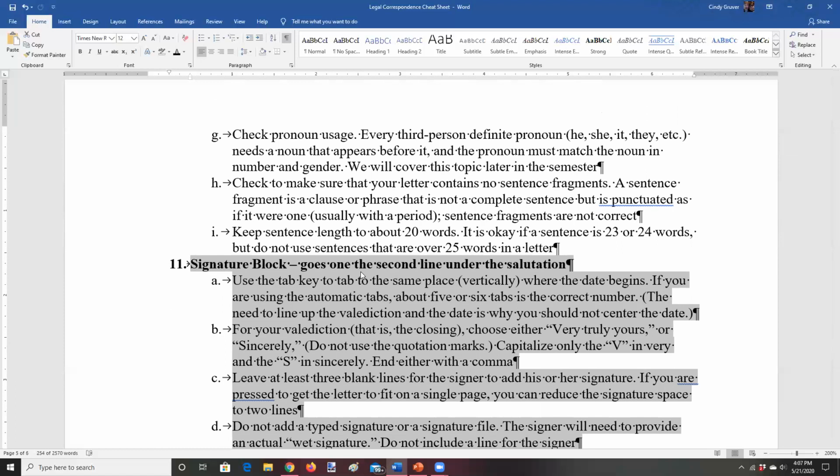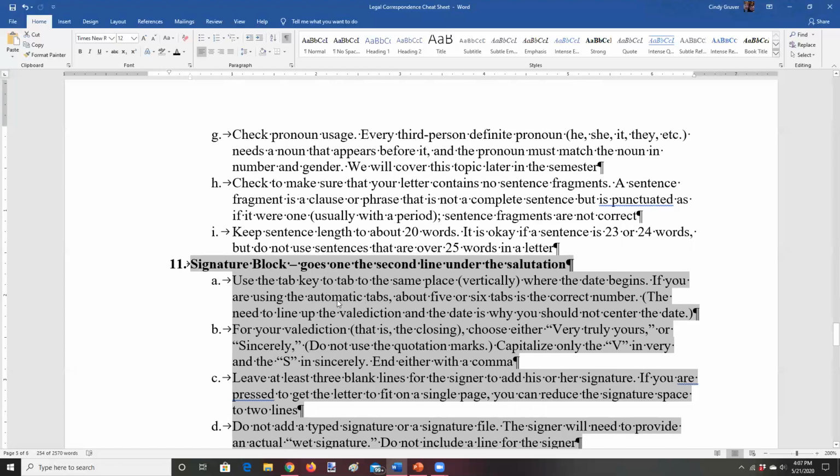We want that J in January to line up vertically perfectly with our V in very truly yours, or if we're using sincerely, our S in sincerely. If we center it, it's never going to perfectly line up. So we sacrifice the perfect centering in our date so that we could line up our signature block with that date. So that's the big reveal.